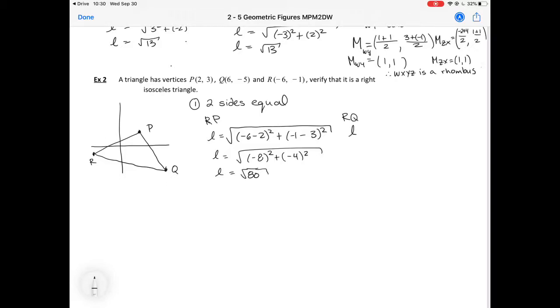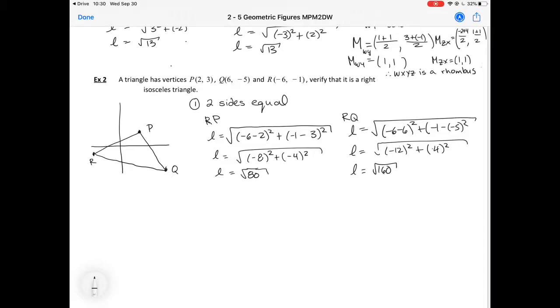Next one we're going to check is our Q. So we've got our length is going to be x2 minus x1, y2 minus y1, which is going to give us minus 12 squared plus 4 squared, which is going to be 144 plus 16, which I already can see is different, which is root 160.